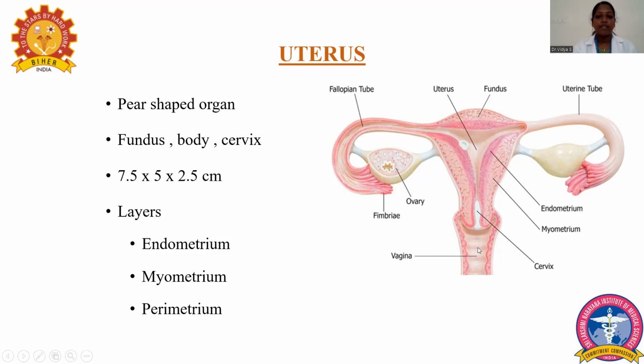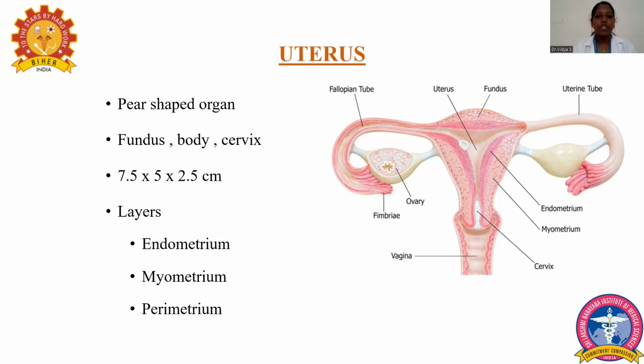The external genitalia comes under the opening in the female reproductive system, called the vagina. So the uterus consists of three different parts: fundus, body, and the cervix. Coming to the dimension of the uterus, it is 7.5 into 5 into 2.5 centimeters.